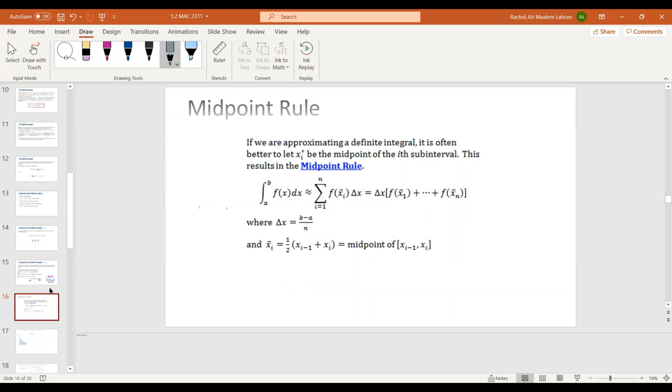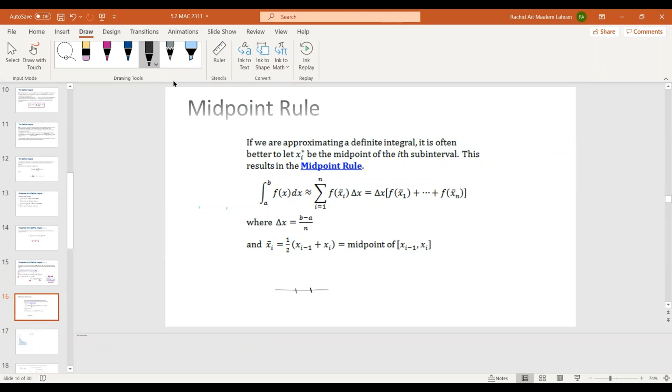There is something we're going to use, the midpoint rule. And as you see from 5.1, that sample point, xi, you can take in the middle, and that may help to get a better calculation. If you do that, then xi star, of course, is the middle. So the x after and before, you add the two, for the interval.